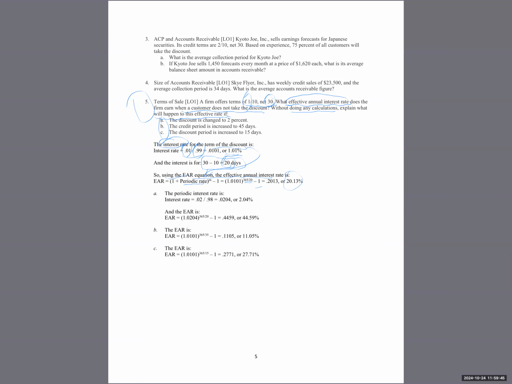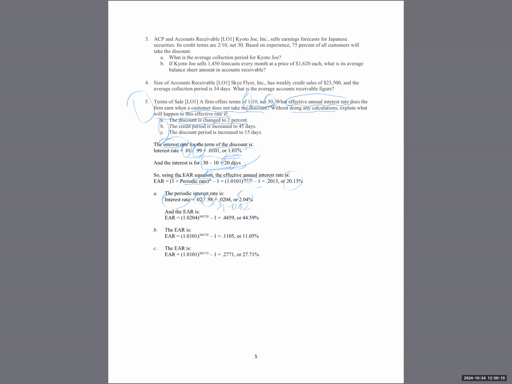Now, if the discount is changed to 2%, the interest rate is 0.02 over 0.98, which is 1 minus 0.02. So the interest rate is 2.04%.